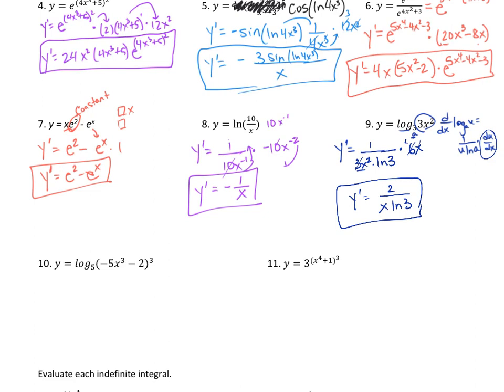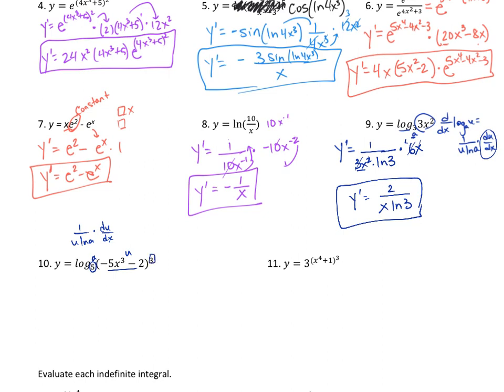Okay, number 10 is the same type of problem. We have the same formula for it. So again, let me write it here. The derivative will be 1 over u ln a times du dx. And in this case, that's my a and that's my u. But don't forget, you have that going on there too.